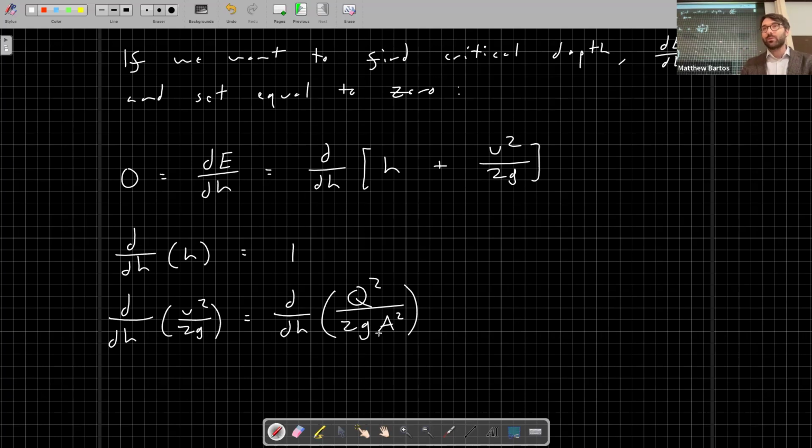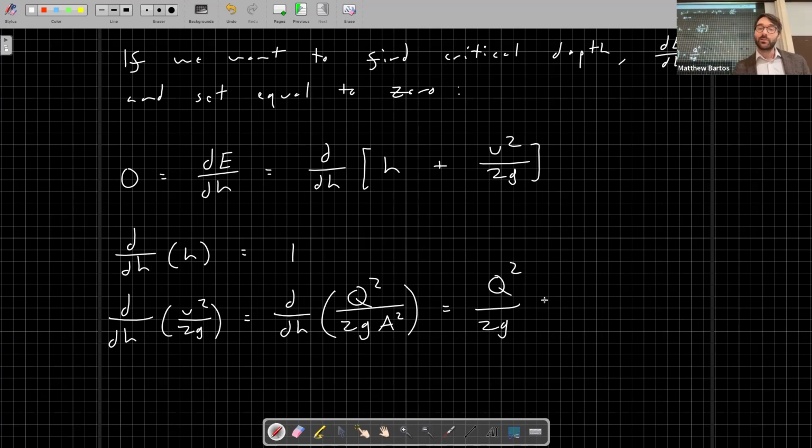Which terms here can we pull out of this derivative? Okay, very good. So we'll pull out 2g, that's just a constant. And why can we pull out q? Very good. So for a given specific energy curve, remember that we're talking about a constant discharge. So q we can also pull out.